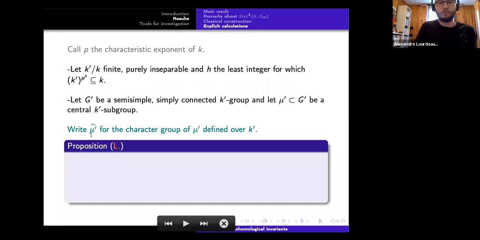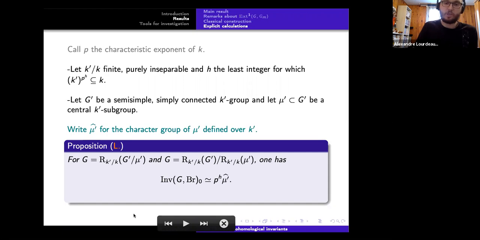we call mu' hat the character group of mu', and the result is that for G the Weil restriction of G' by mu', or G the quotient of the Weil restrictions, one has that the group of normalized Brauer invariants is isomorphic to p^h times the character group of mu'.